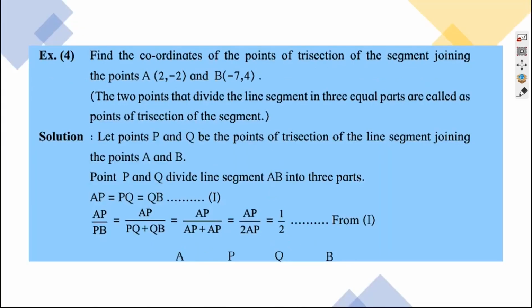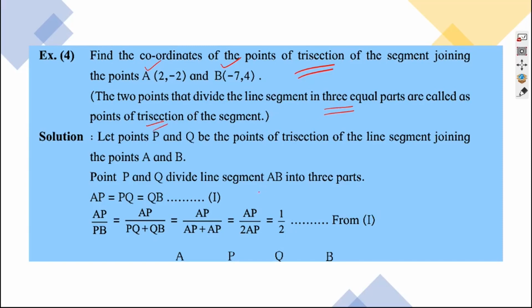Now let us consider this particular special sum. Find the coordinates of the points of trisection of the segment joining the points A and B. The 2 points that divide a line segment into 3 equal parts are called points of trisection.